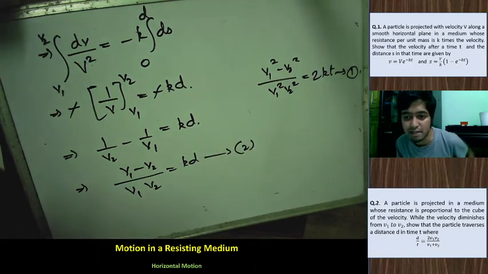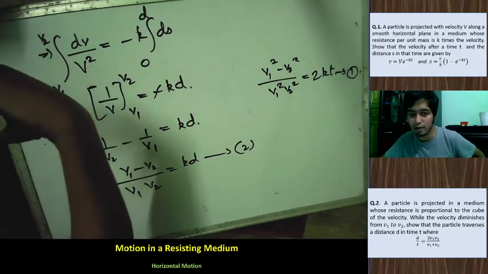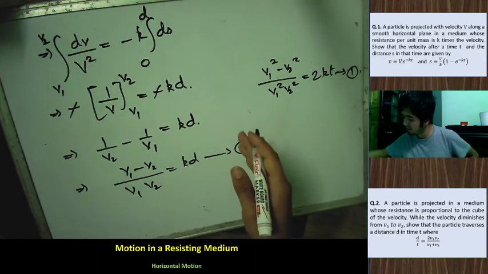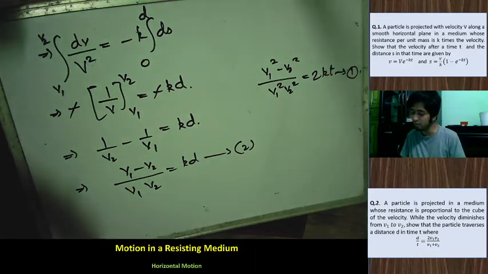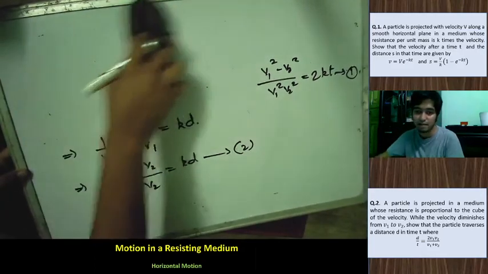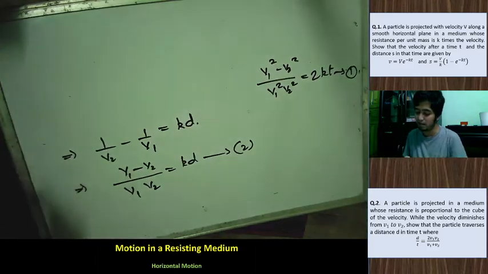Now just see the question. The question demands d over t, right? So just divide equation 2 by equation 1, so that you will get d by t.